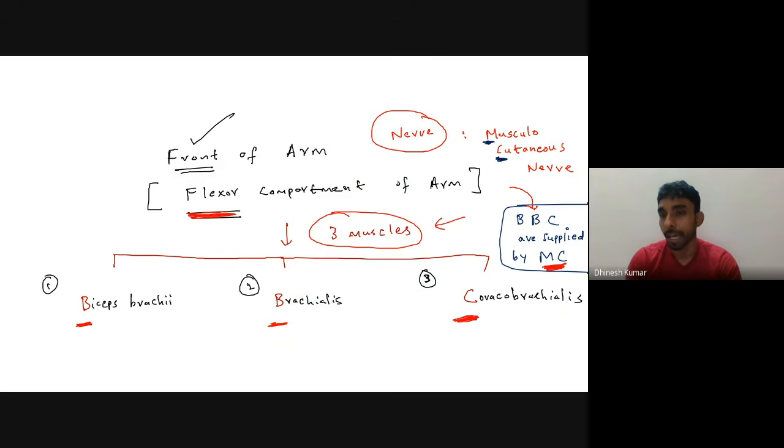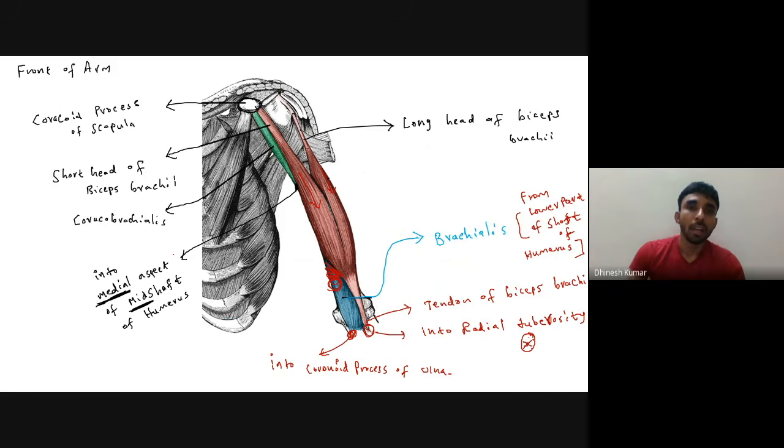What is the nerve I have written as MC? Yes, it is musculocutaneous nerve. So take care of the three muscles of the flexor compartment of arm. You should be able to identify which muscle is pinned in the specimen spotters. If you see this diagram, you can understand.